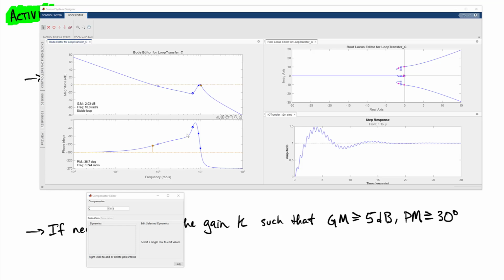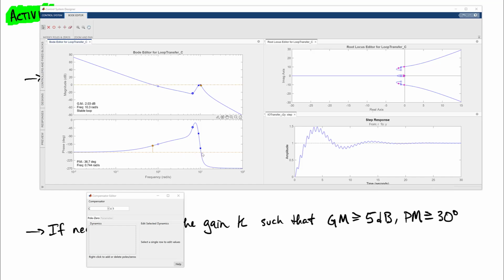All right, so I've opened up the sisotool for this example, and so you can see immediately over here in the Bode plot that it is already presenting you with the gain margin and the phase margin. And so again, when we look at the gain margin, this is identifying the locations where the phase is crossing minus 180.